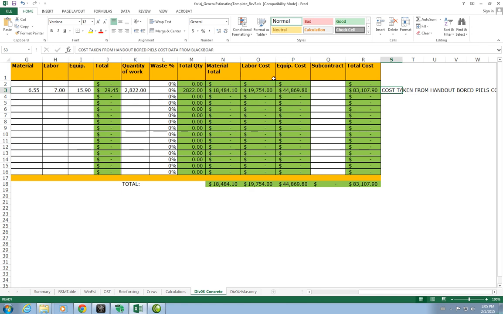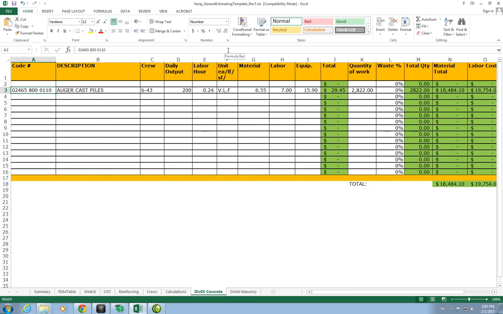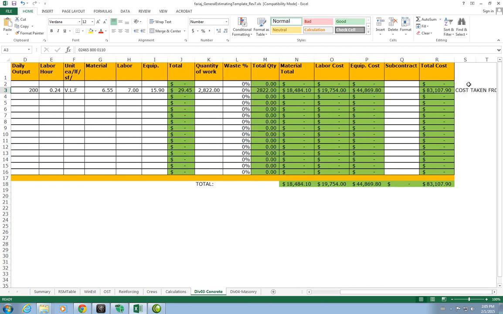So if you ever want to know where you got this number from, how you figured out the auger cast pile cost, it's basically looking at the line number 02465 800 0110 from the handout bore piles cost data from Blackboard.